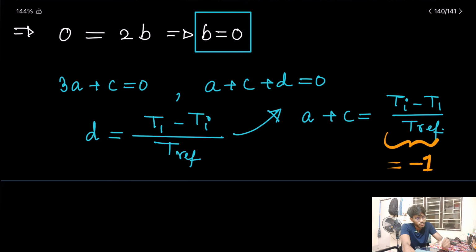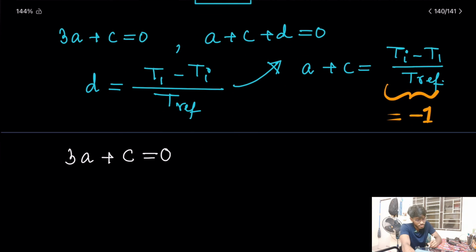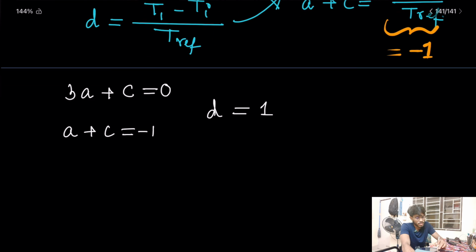So then we have two boundary conditions, I mean two equations, two variables. 3a plus c is equal to 0, a plus c is equal to minus 1, and we have d equal to 1. Now we can solve this, right?